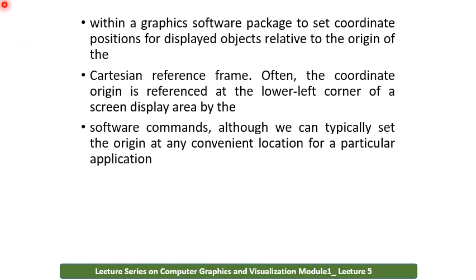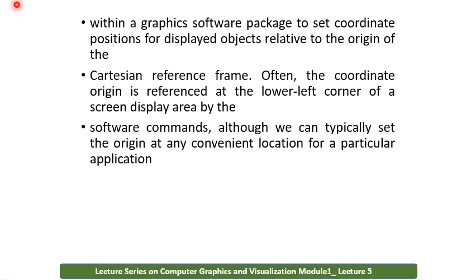Some graphics software considers the top left corner as the origin, and in some graphics applications the bottom left corner is considered as the origin. This depends upon the application programs and the software commands we are going to use.